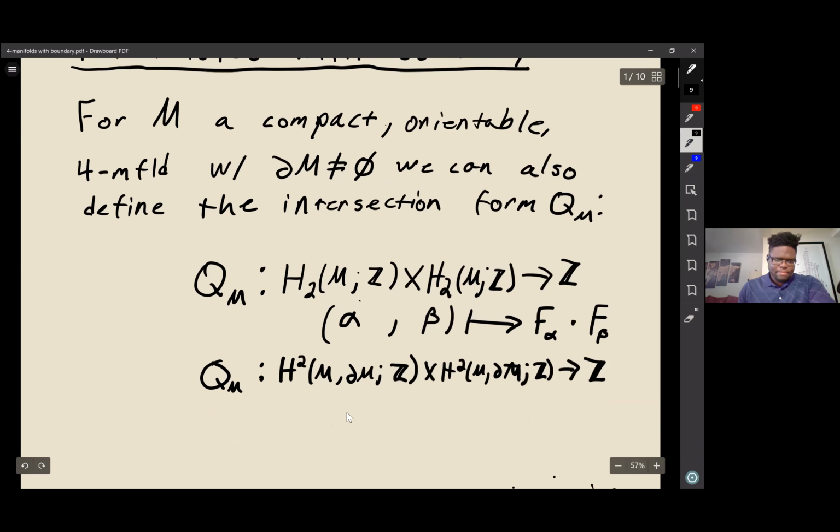And so the way we do this is, if we have two forms, two cocycles, we'll cup them together. And then we'll evaluate this relative four cocycle on the fundamental class of M relative to the boundary of M.